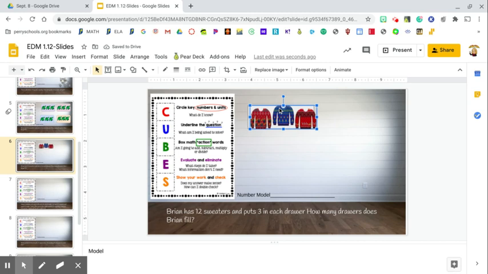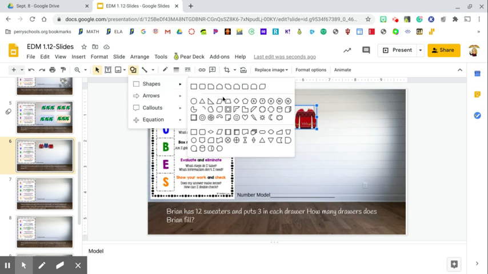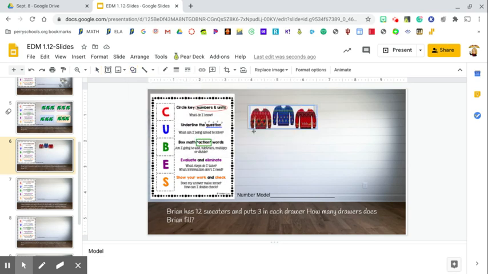Now, that's my first drawer. And I've used 3 sweaters, so I'm going to go back and I'm going to insert another drawer. So I'm going to go to my shapes, pick a drawer, and I'm just going to make it similar.